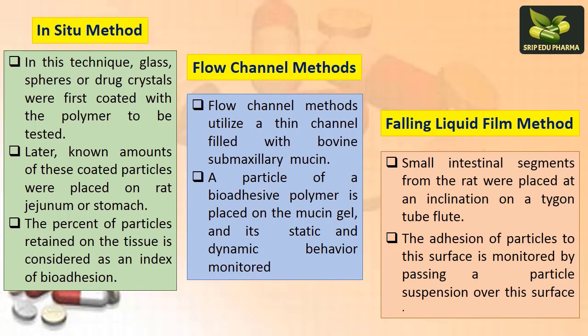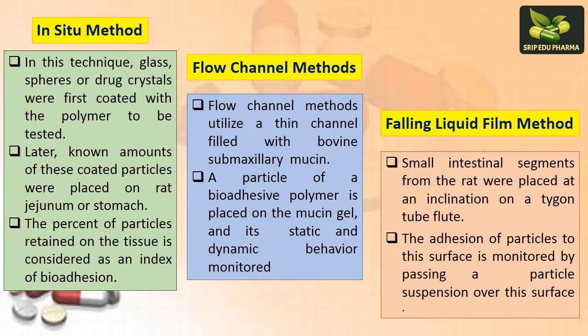The next method is the flow channel method. It is carried out through a thin channel filled with bovine submaxillary mucin, and a particle of bioadhesive polymer is placed on the mucin gel and its static and dynamic behavior is monitored. Third is the falling liquid film method.